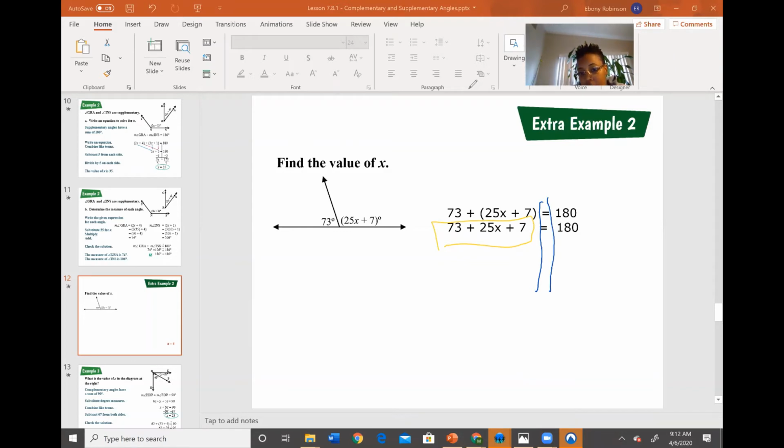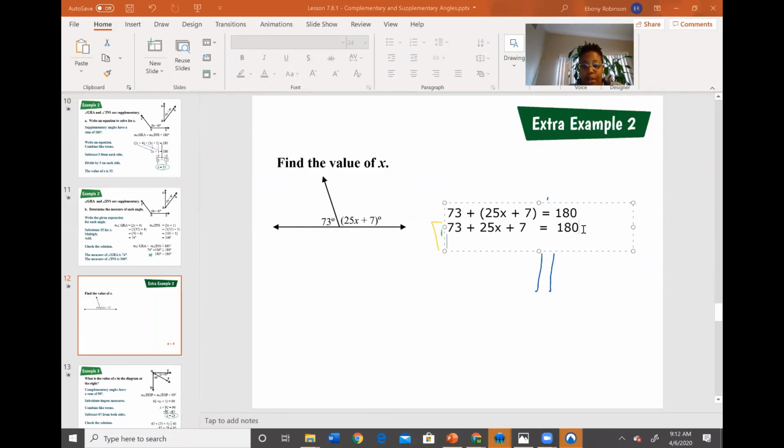Something I see over there. If you said you saw that this and this can go together because they don't have a variable, they're just constant numbers, you're perfectly right. You're absolutely right. What in the world? I just drew all over my screen. All right, so here we go.